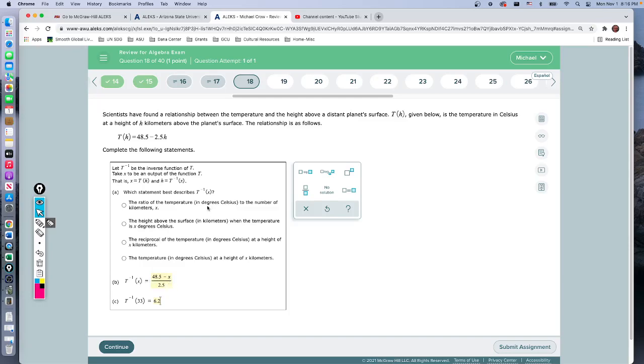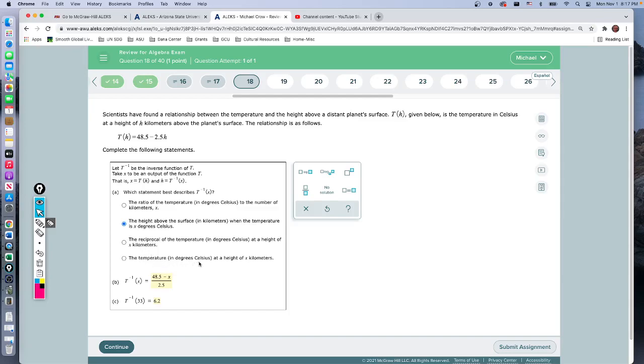H is in kilometers, H is a height. The height above the surface in kilometers where the temperature is x degrees. I think that's what I'm going to pick, but let's keep reading. The reciprocal of the temperature in degrees Celsius at a height of x kilometers? Well, no, x is not kilometers, x is temperature.